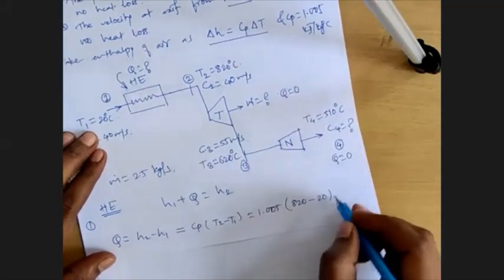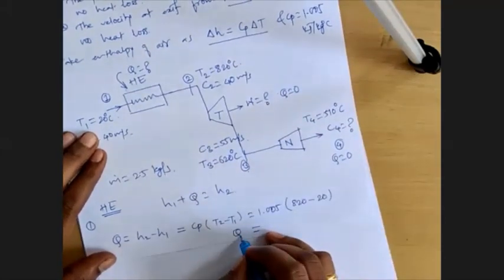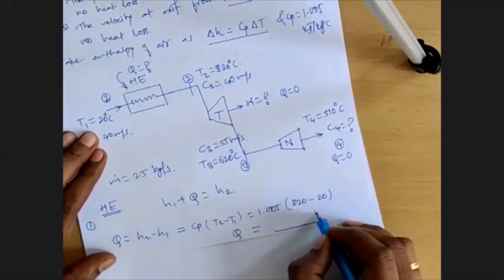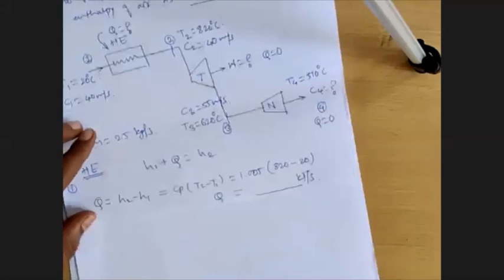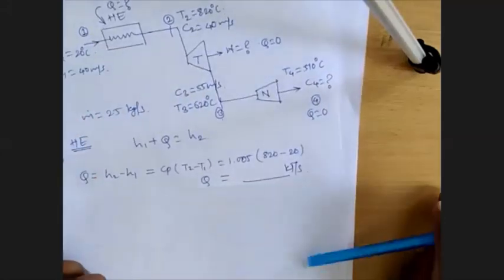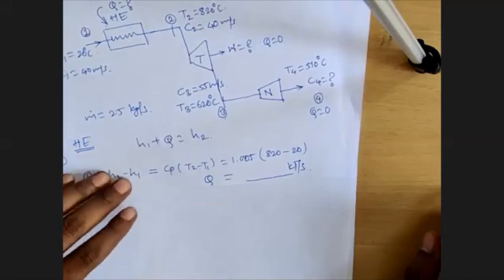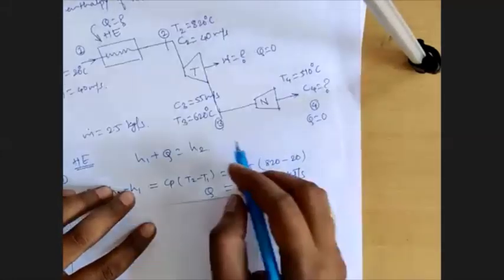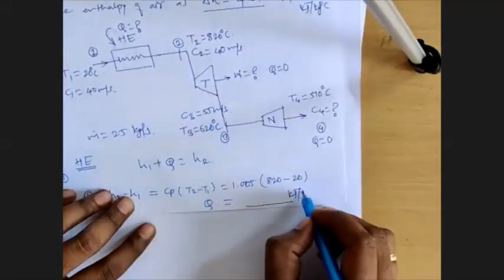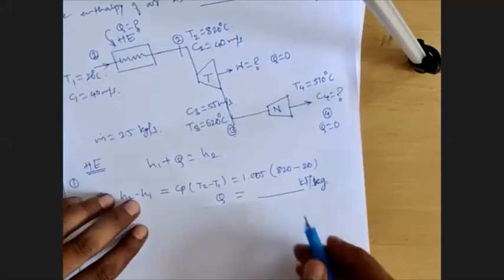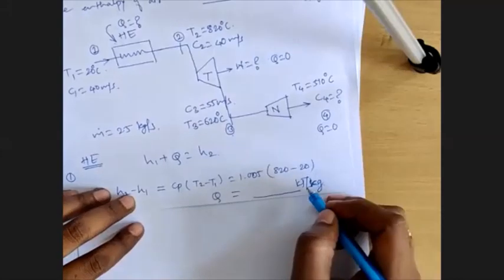So solve this one and tell me the value of Q. That is going to be, sorry, kilojoules per kg, not kilojoules per second, because I haven't taken the mass flow rate.